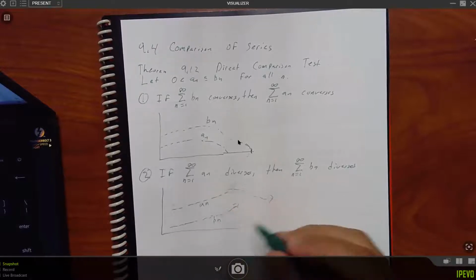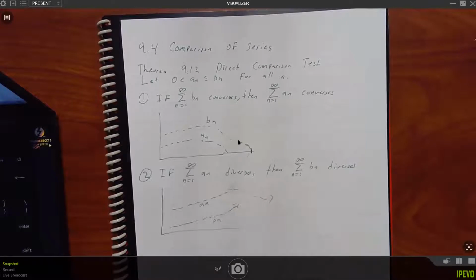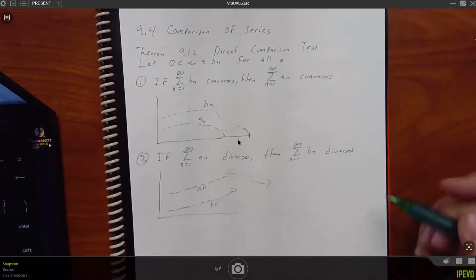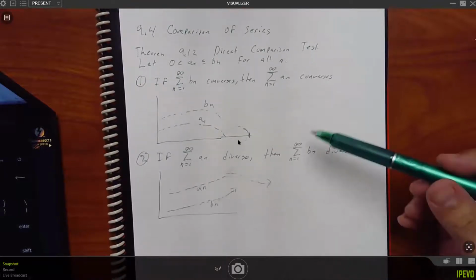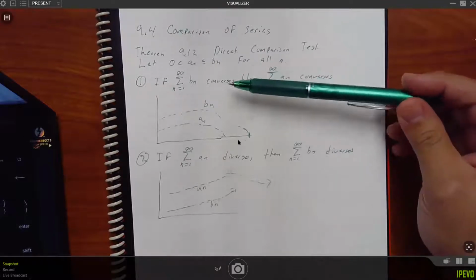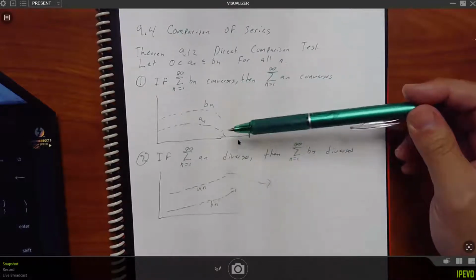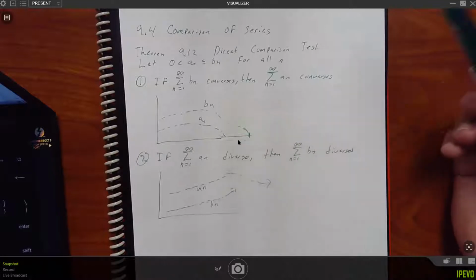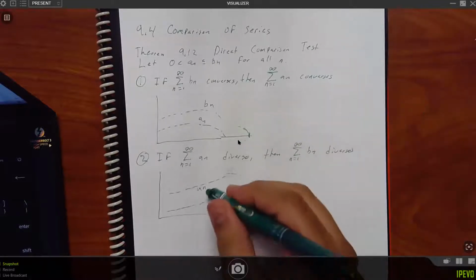Whenever I'm doing direct comparison, I always try to remind myself: which one's the big one? Does it converge? Does it diverge? Depending on what's happening, I can use these ideas. Although, let's say b_n diverges.